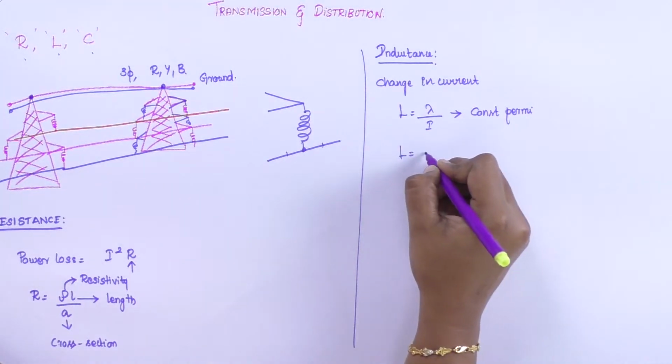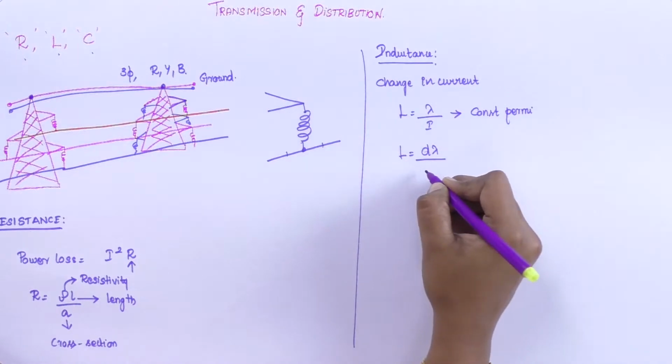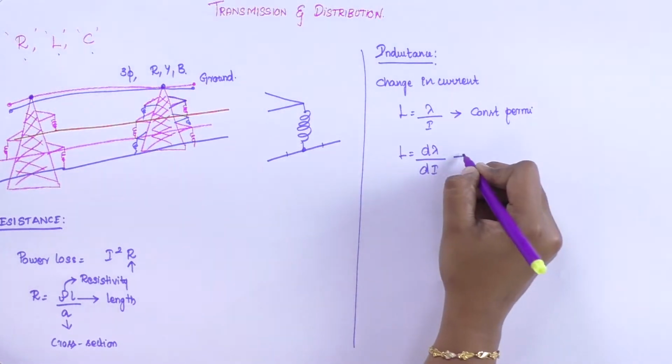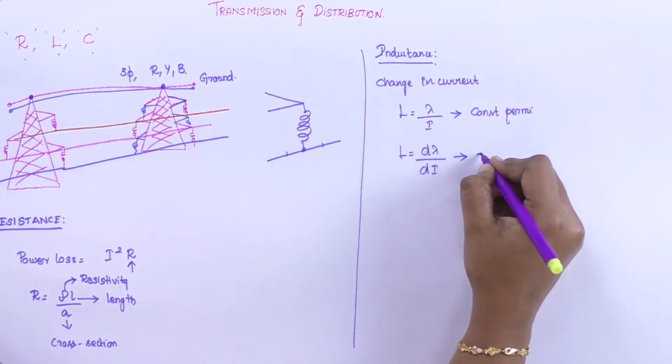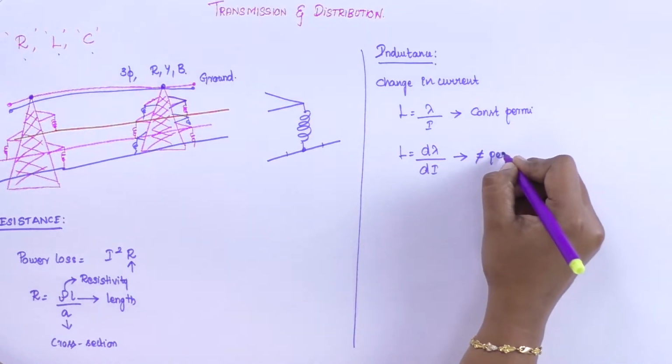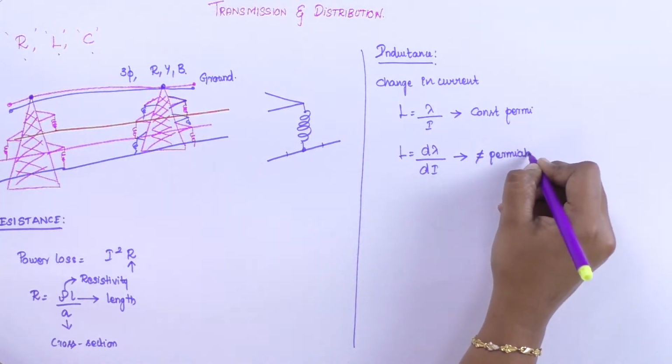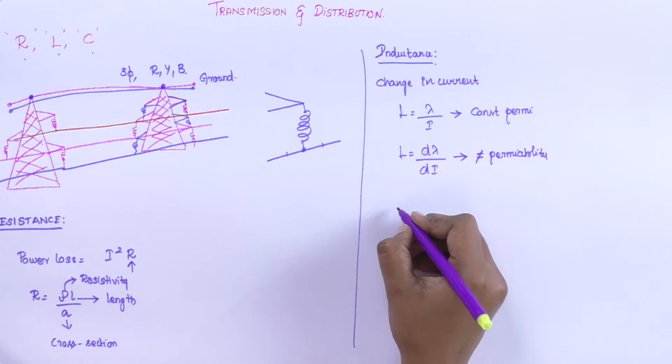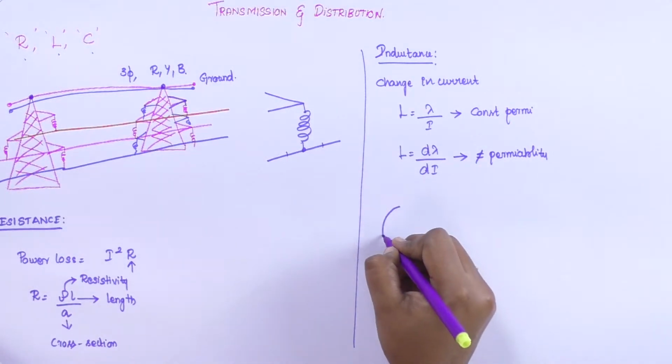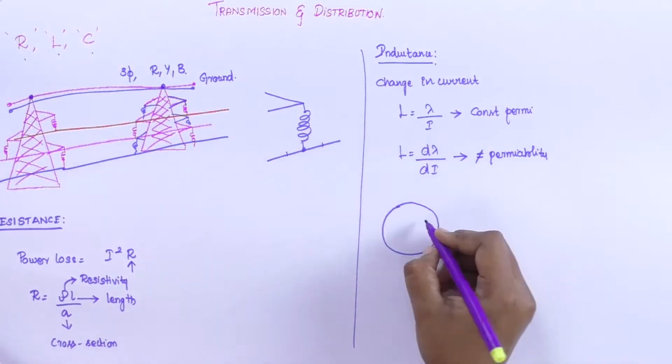When the permeability is not constant, the change in flux linkage with respect to the current is the inductance.